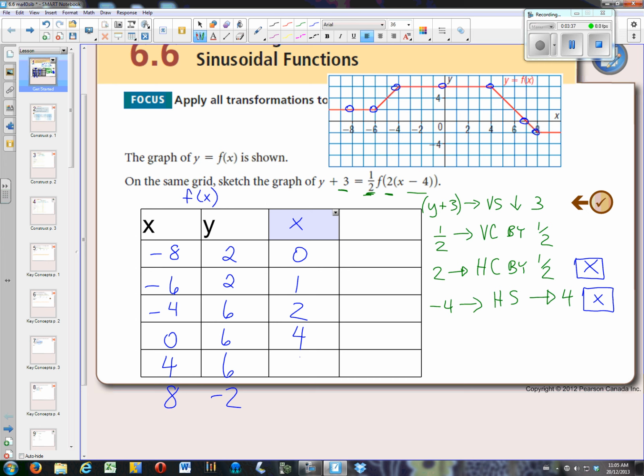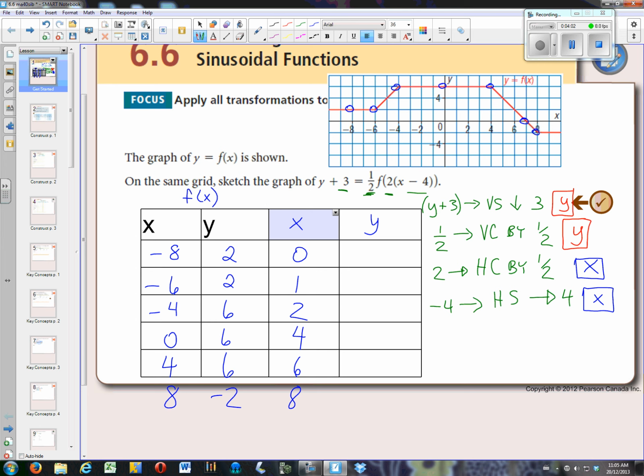Our new y values. Our y values are being affected by the a value, and this is also a d change. So we're going to do the compression first by a half, and then shift down 3. So here goes. Compression by a half. 2 times a half is 1.